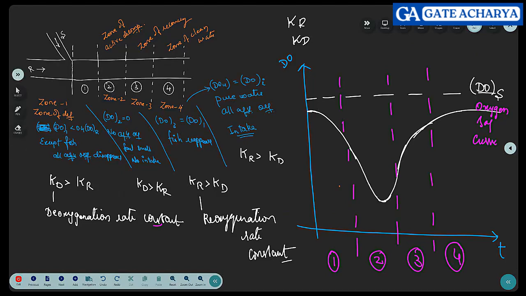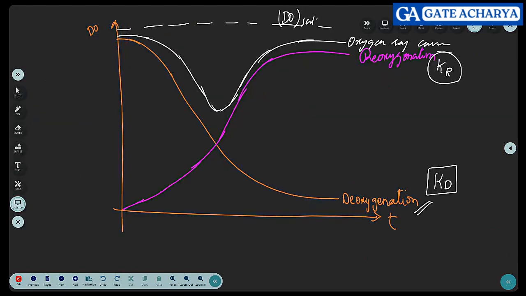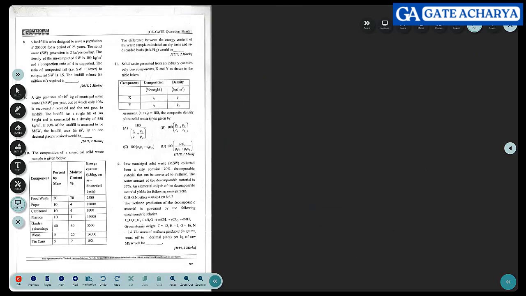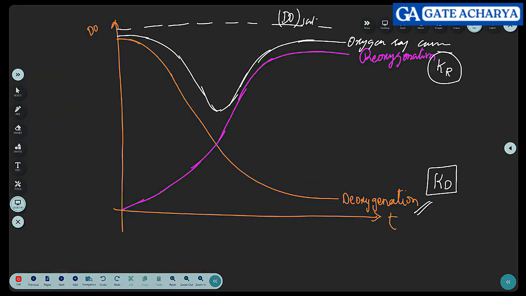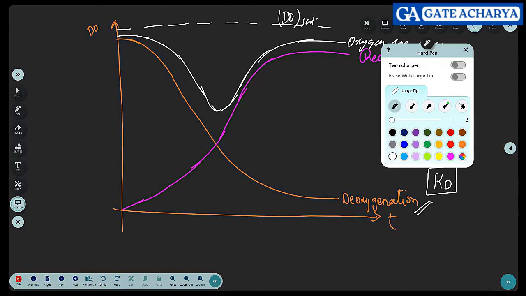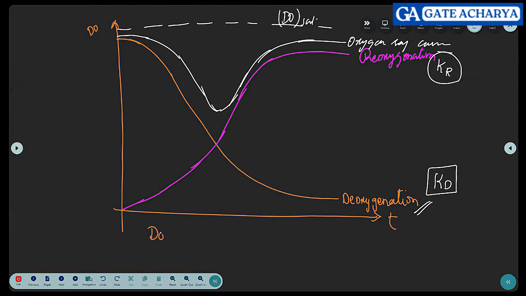Okay, so listen. The dissolved oxygen at any time t. So from this oxygen sag curve, let us assume any time t.